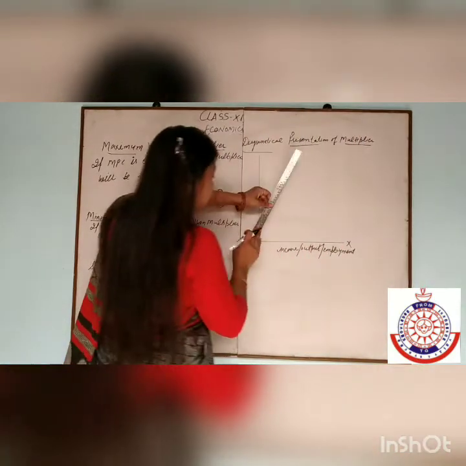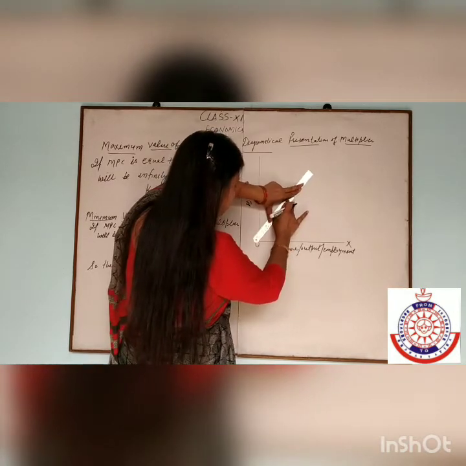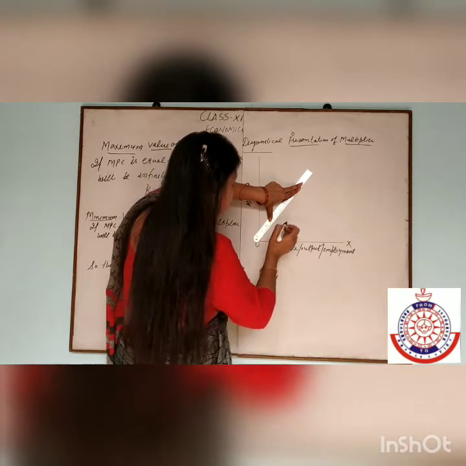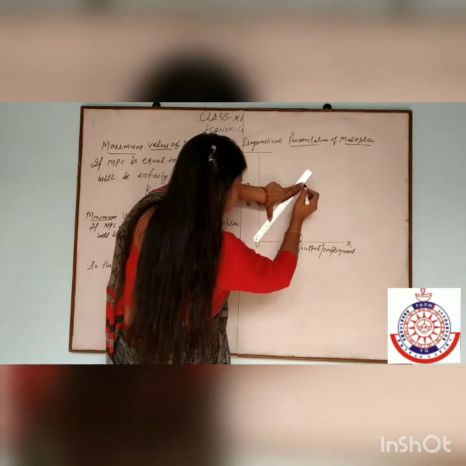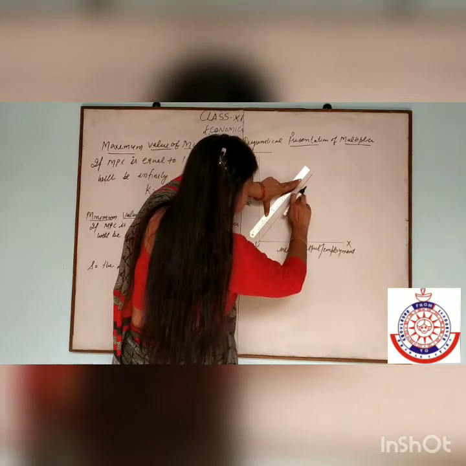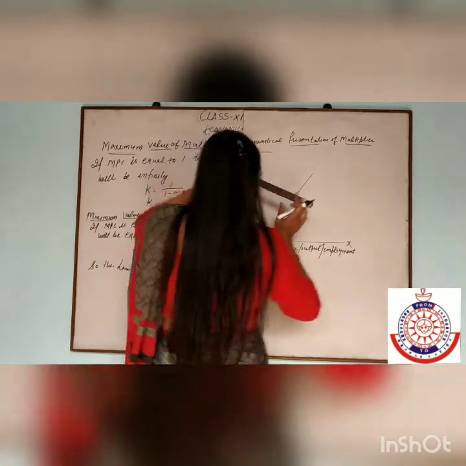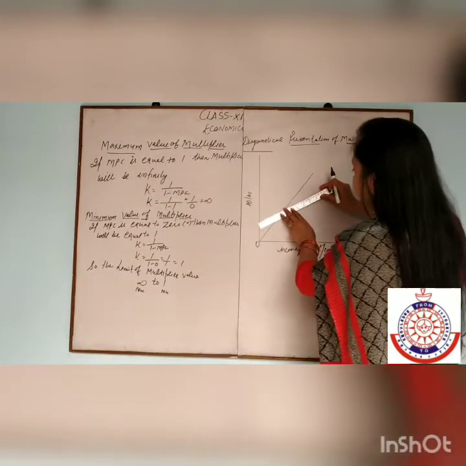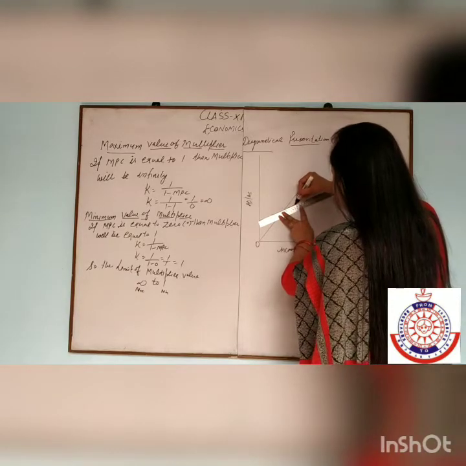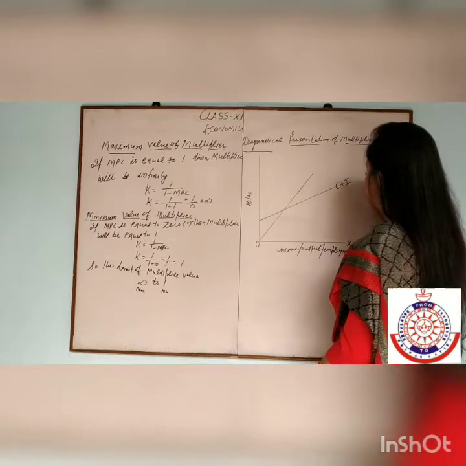Now, this is our aggregate supply curve, which is at a 45-degree angle. And this is our aggregate demand curve, which is equal to C plus I.